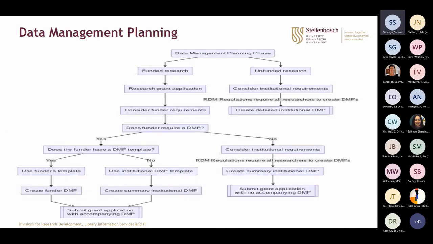And I just created a diagram that maps out the various options or possibilities. There are instances where research funders do not necessarily request DMPs, and there's an issue of research not being funded. So if you look on the right-hand side, if the research is unfunded, that doesn't necessarily mean that a data management plan is not required.